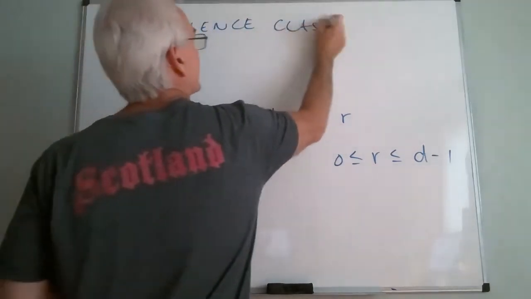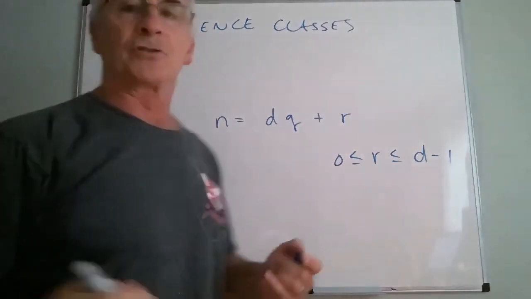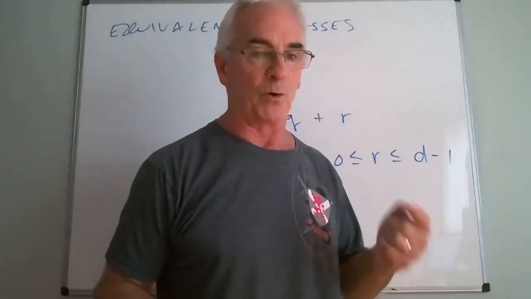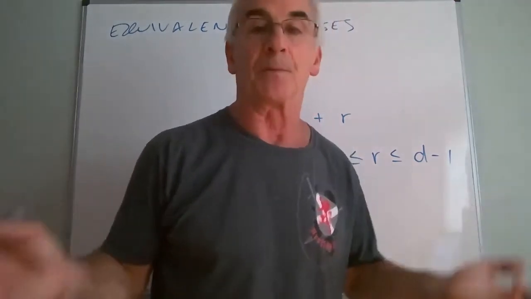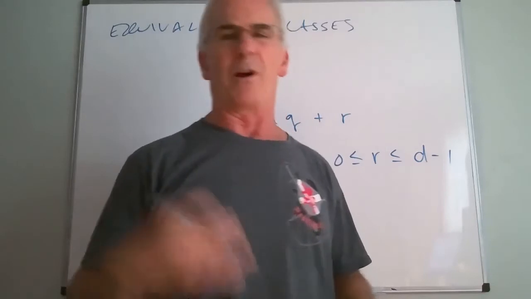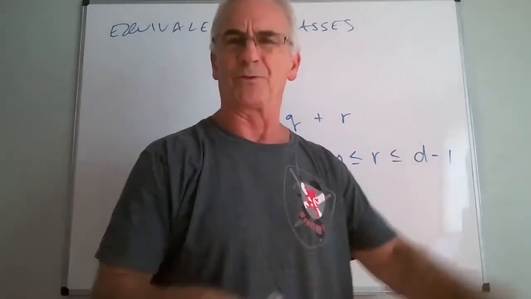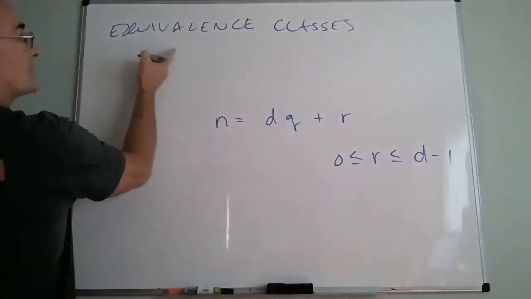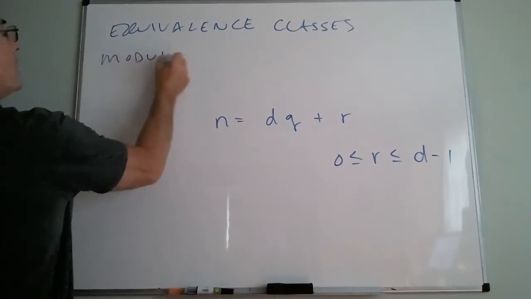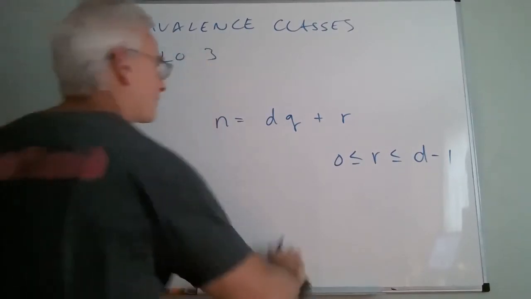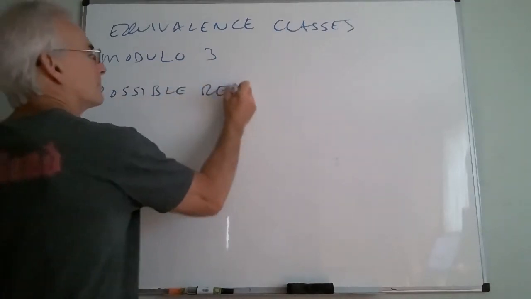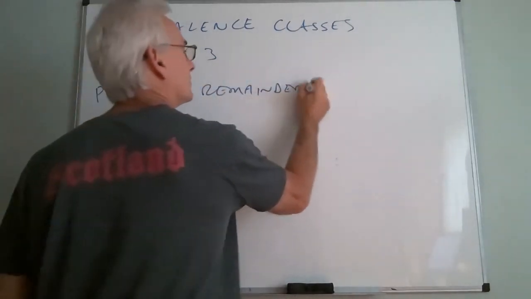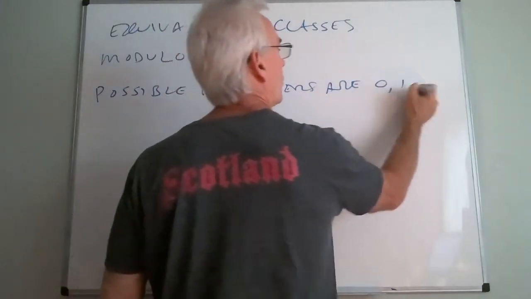Equivalence classes are the set of integers that have the same remainder, because then they would be reflexive, symmetric, and transitive. So if I started off with something as simple as modulo 3, we could also do modulo 2, modulo 7. We'll do a whole bunch. If I just said the equivalence classes modulo 3, then that means my possible remainders are 0, 1, or 2.